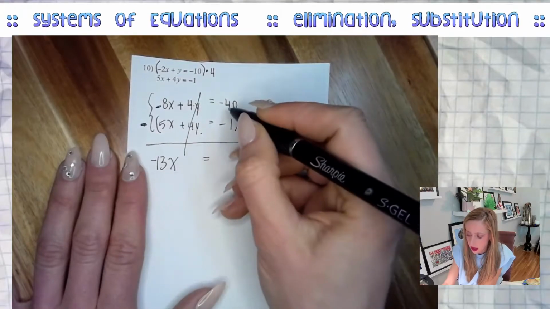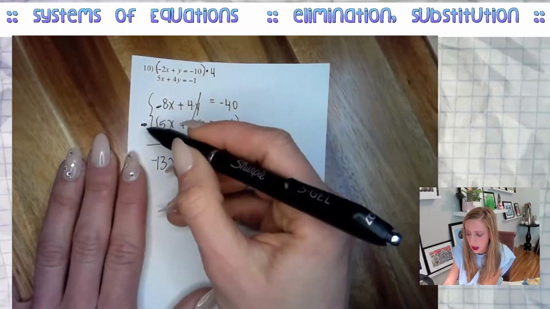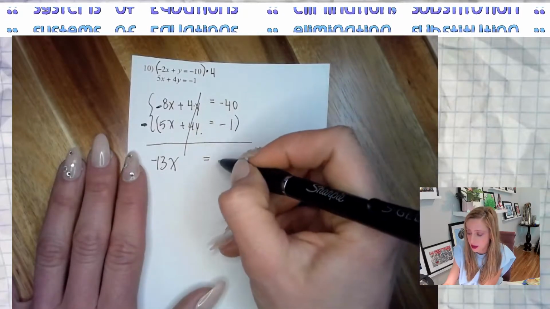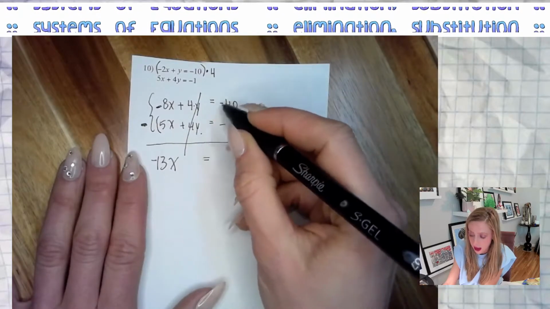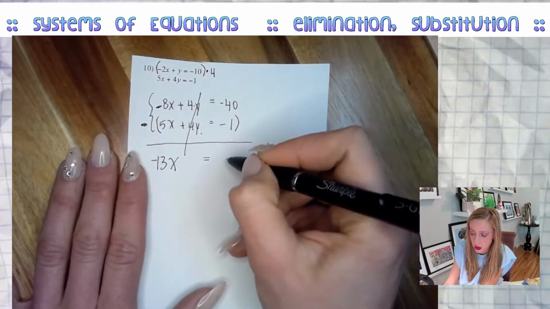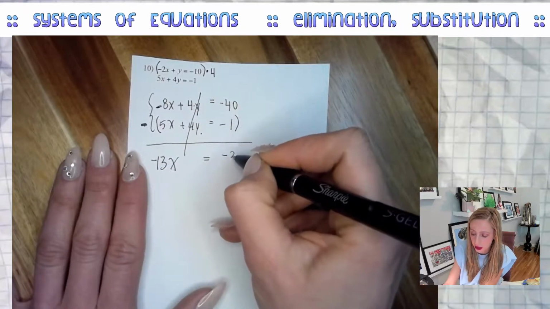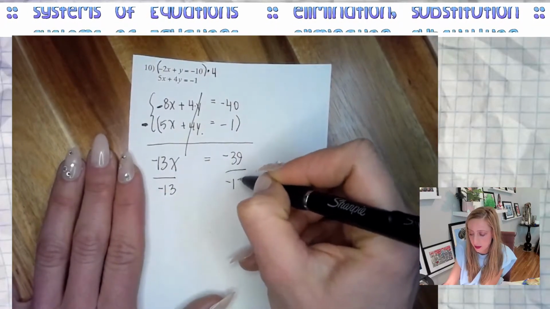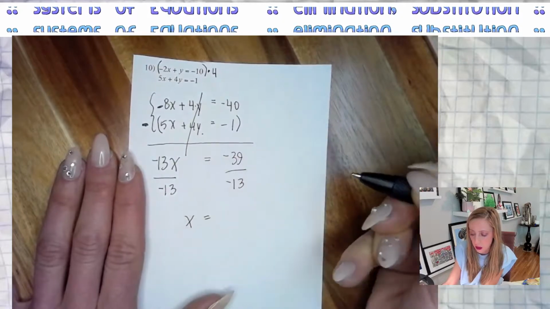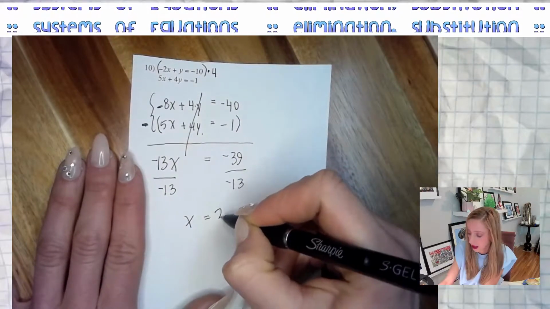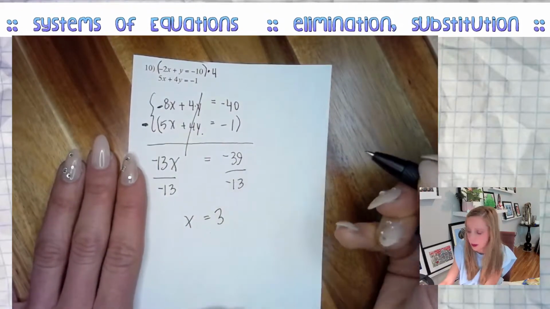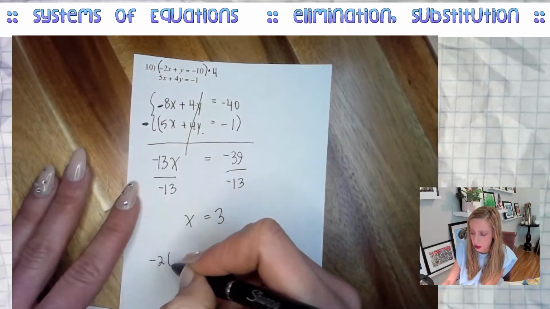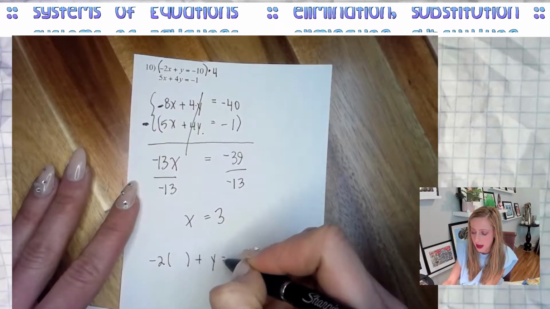And then negative 40 minus negative 1. Minus negative is plus. So that becomes negative 40 plus 1, which will be negative 39. Divide both sides by negative 13, and we get x is equal to 3. Take that number and plug it in and get the y value. We're doing good. Negative 2x plus y is negative 10.